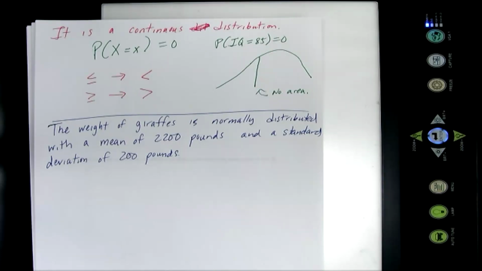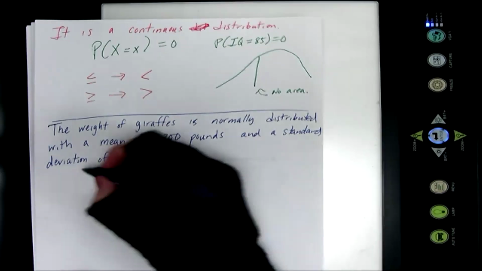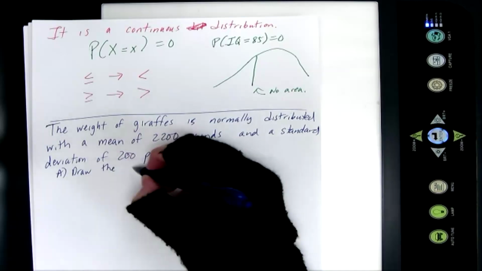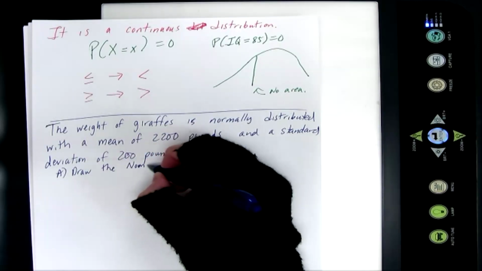Start off with part A: draw the normal distribution using the empirical rule.